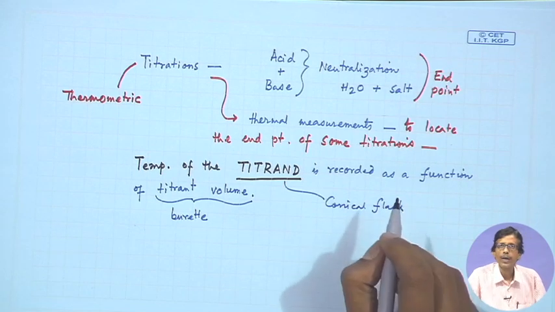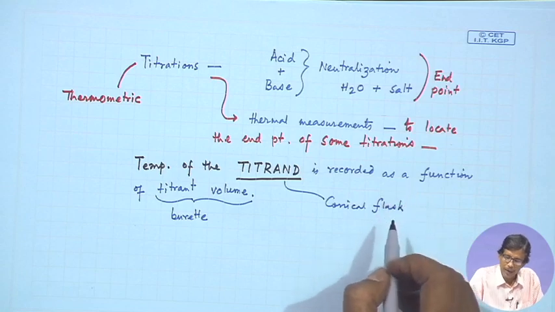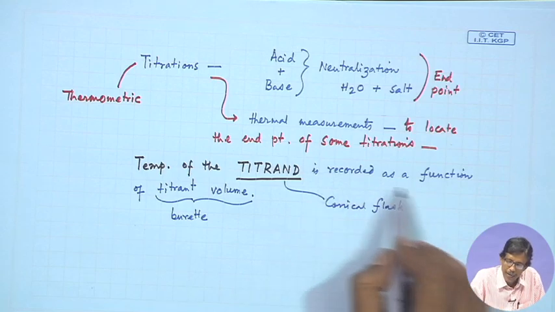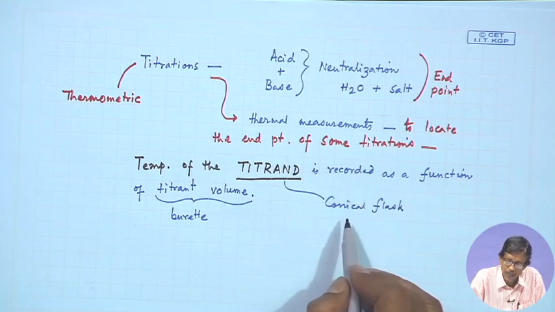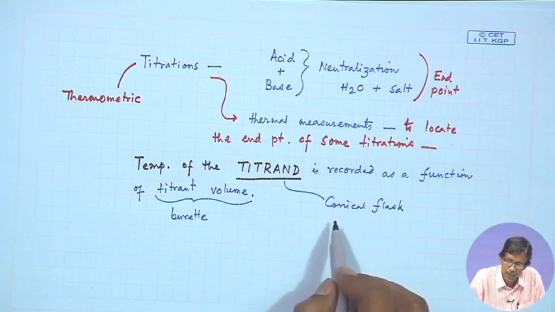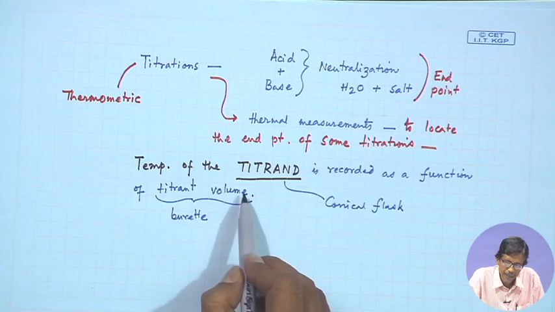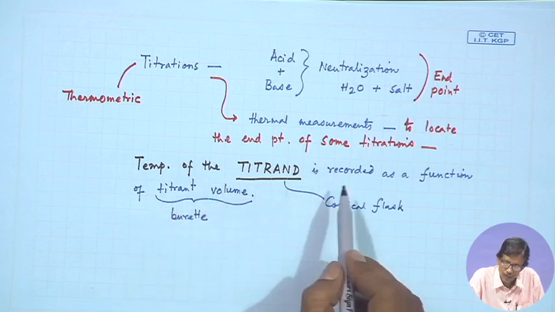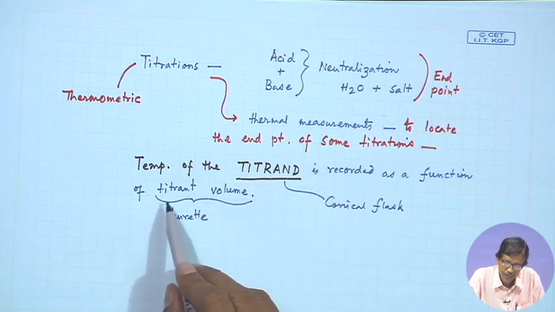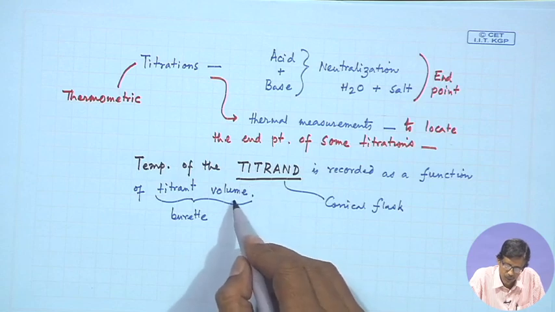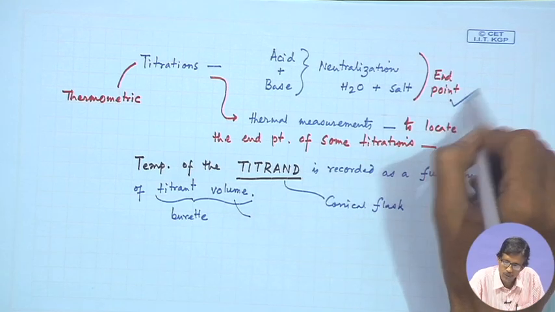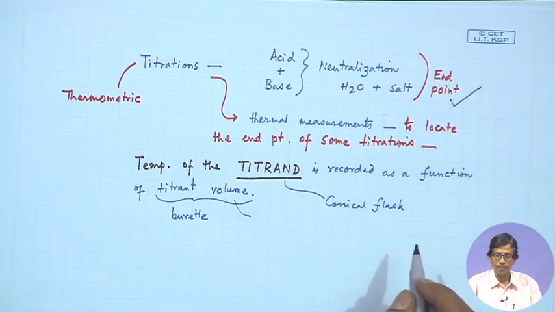Now you can yourself tell that if we can have some arrangement such that we can monitor the temperature of the reaction flask, or the conical flask, where we add a certain reagent or certain acid. So, this titrant we are adding, and this particular volume is giving us the corresponding end point.